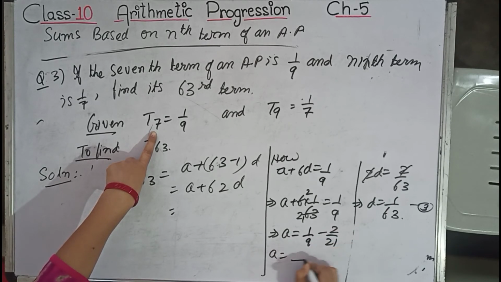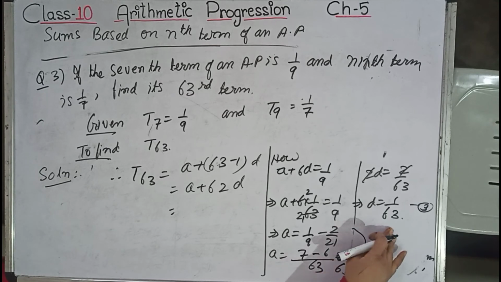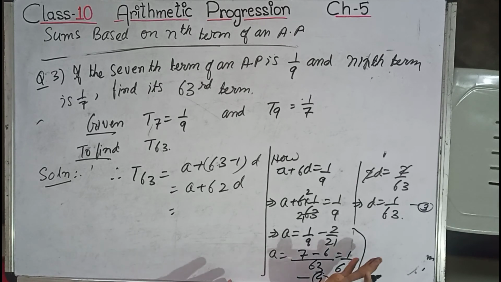So A will be equal to, 63 I think will be the LCM, equals 1 by 63. So D value is also 1 by 63 and A value also is 1 by 63. Let us make it equation number 4. So we have got the value of A and D.